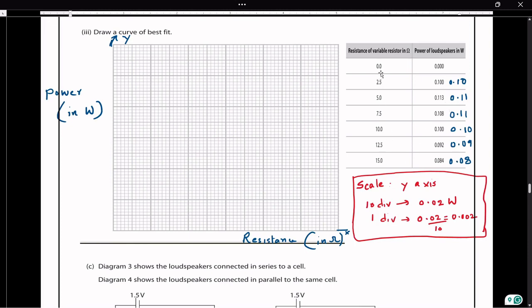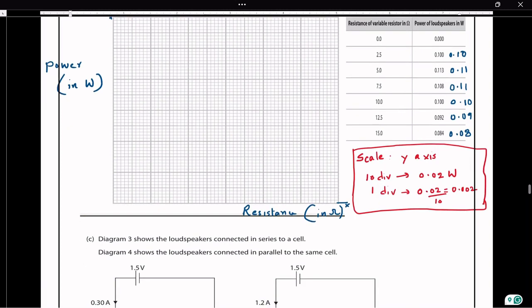The x-axis is varying from 0 to 15. So maybe we can put it as 2.5, then 3, 6, 9, 12, and the last number is 15.